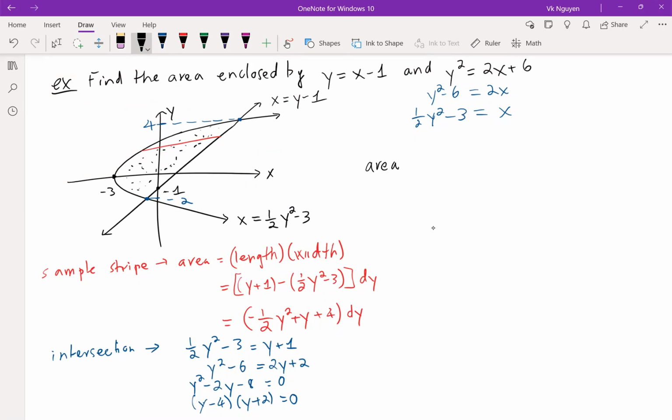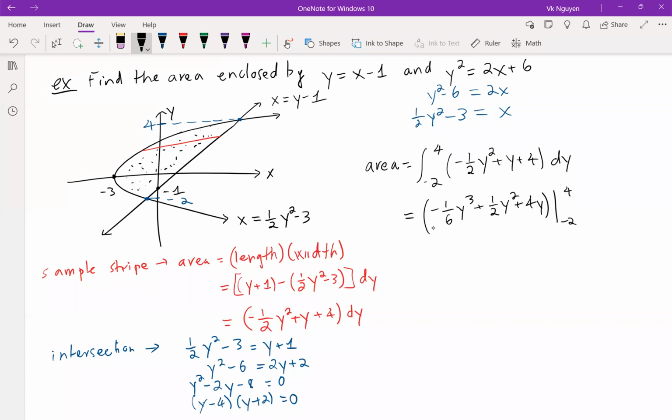The area would be the integral from -2 to 4 of the sample area, -1/2 y squared plus y plus 4 dy. Taking the antiderivative, we have -1/6 y cubed plus 1/2 y squared plus 4y, evaluated from -2 to 4.